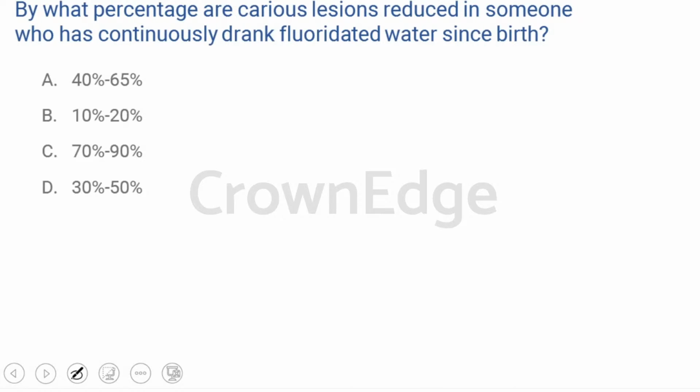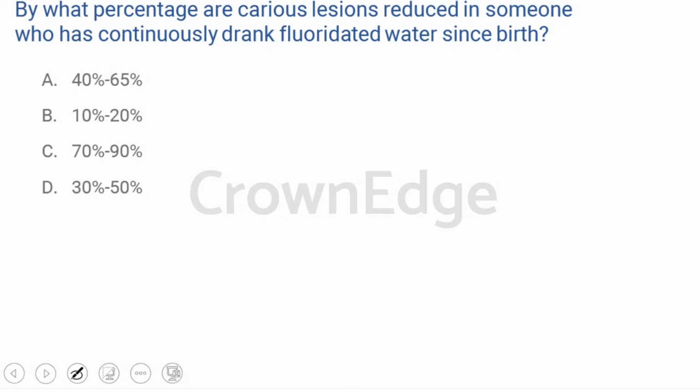Now this question is full of numbers. Let's just have a look at it. By what percentage are caries lesions reduced in someone who has continuously drunk fluoridated water since birth? These are basically a reference to our landmark studies of water fluoridation.